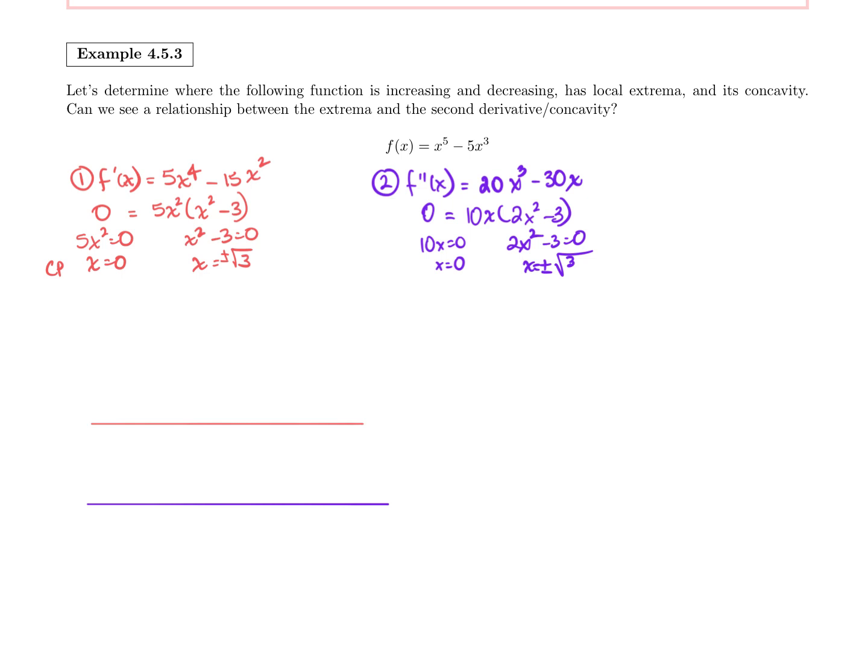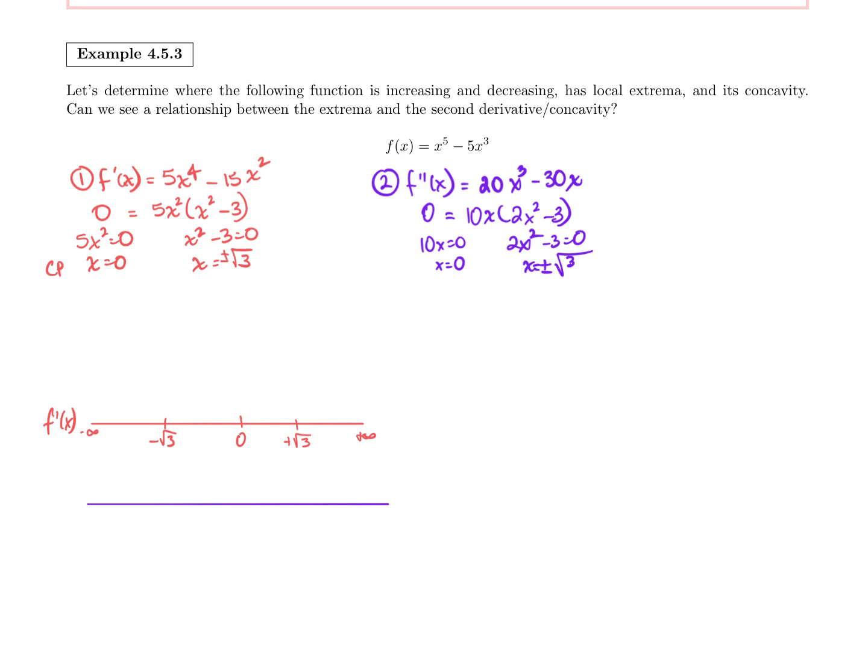So for our first derivative, f prime of x here, we need to test from negative infinity to negative root 3. Then we have negative root 3 to 0, 0 to positive root 3, and then positive root 3 to positive infinity.